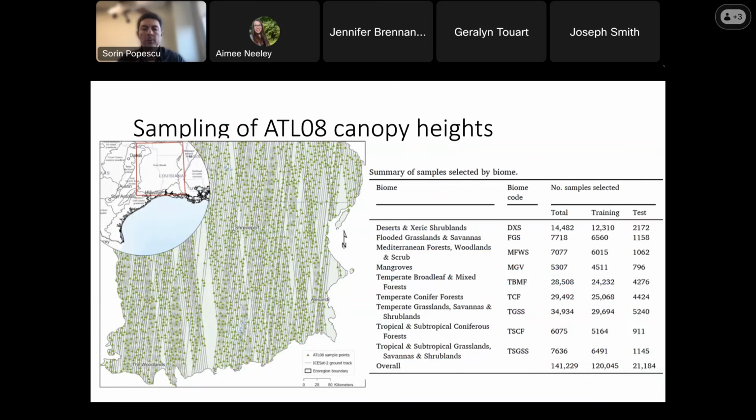Maybe some of you following this flowchart may wonder, how do we get from tracks of ATL08 to relating those ICESat-2 heights to other variables like Landsat imagery, for example?